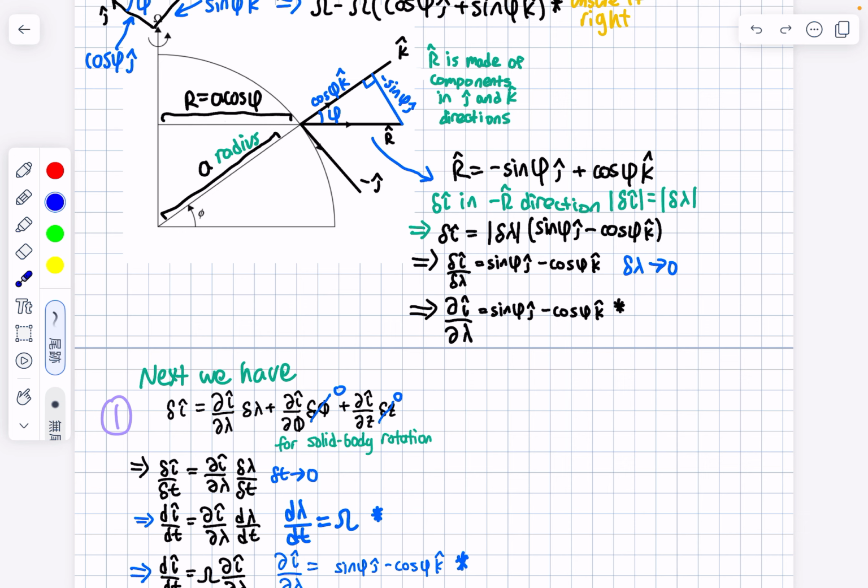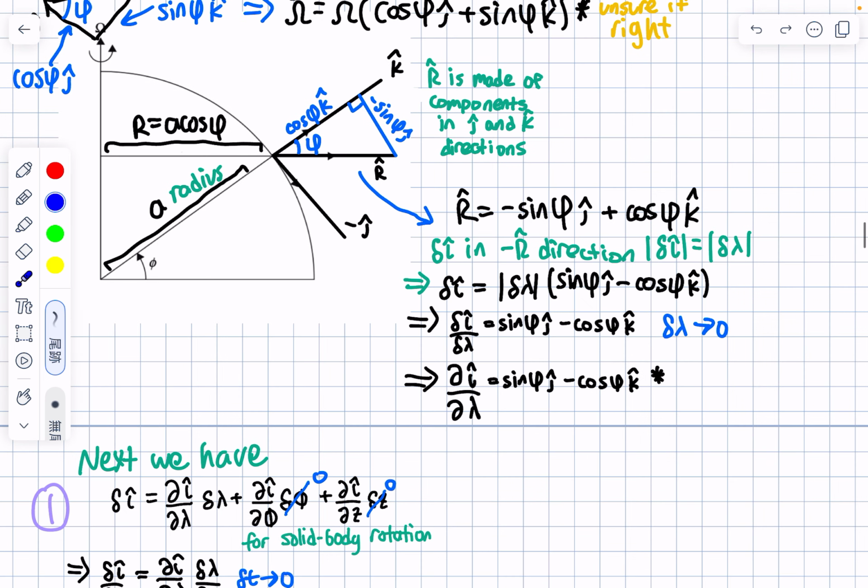So to find the unit vector, we can extend out a triangle here, and we know from geometry that this latitude, this phi, will be here, and we know that this is the adjacent side, this is the longest side, the hypotenuse, and this is the opposite side.